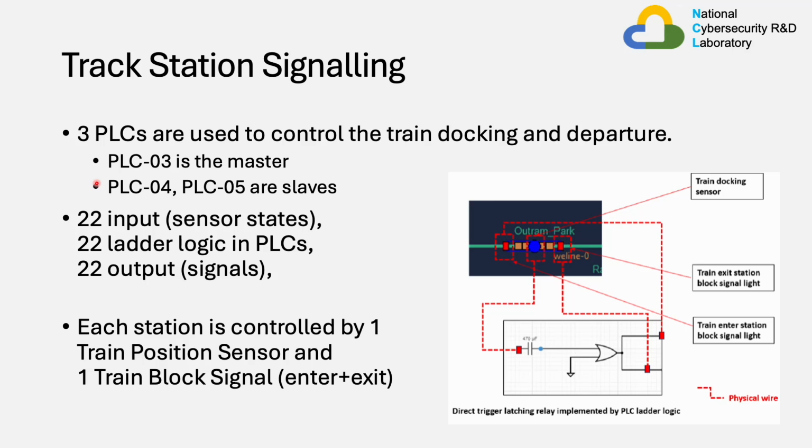There are a total of 22 input sensor states into the PLCs, with 22 total ladder logic to calculate and output to 22 signals. Each station is controlled by one train position sensor in the middle of the station and one train block signal that corresponds to both the entrance and exit signals of the station. You can refer to the logic circuit on the right to understand how the ladder logic has been designed.